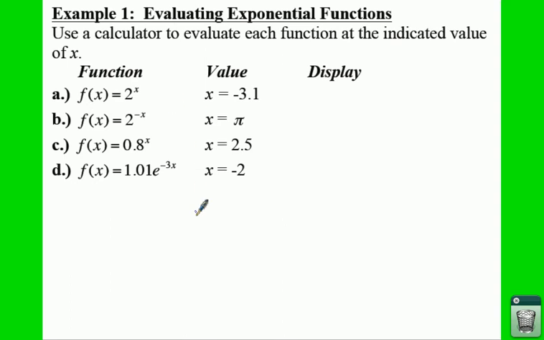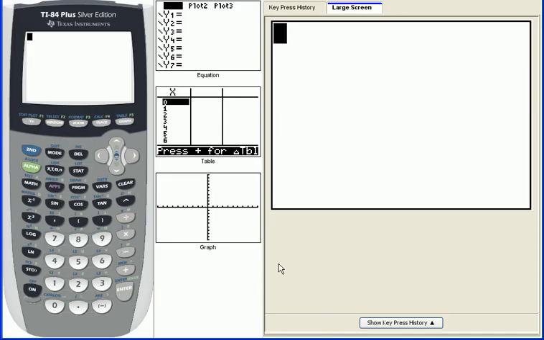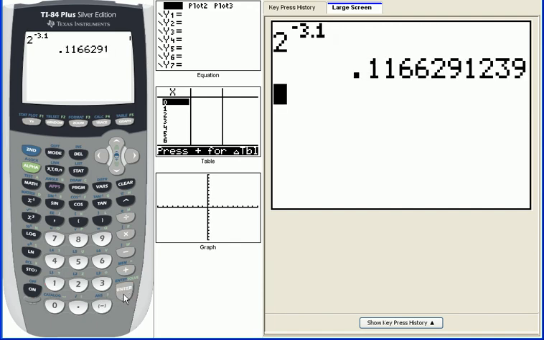So the first thing we need to do is figure out how to use our calculator to evaluate these functions. I'm just going to do a couple of these. You have f of x equals 2 to the x. We're going to take this x out, and plug in our negative 3.1. So we go to our calculator and say 2, then hit this little caret button for the power, put in negative 3.1, and then enter.